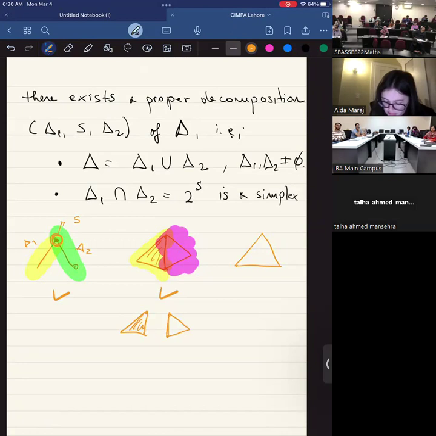So this is delta 1, this is delta 2. And the intersection is a line, so it's acceptable. So delta 1, delta 2, their union makes delta. They are both non-empty, and the intersection is a line, so it's all good. But then if I go with this delta 2, this one is not reducible because there is no way to write this as a union of two other simplicial complexes whose intersection is a simplex.